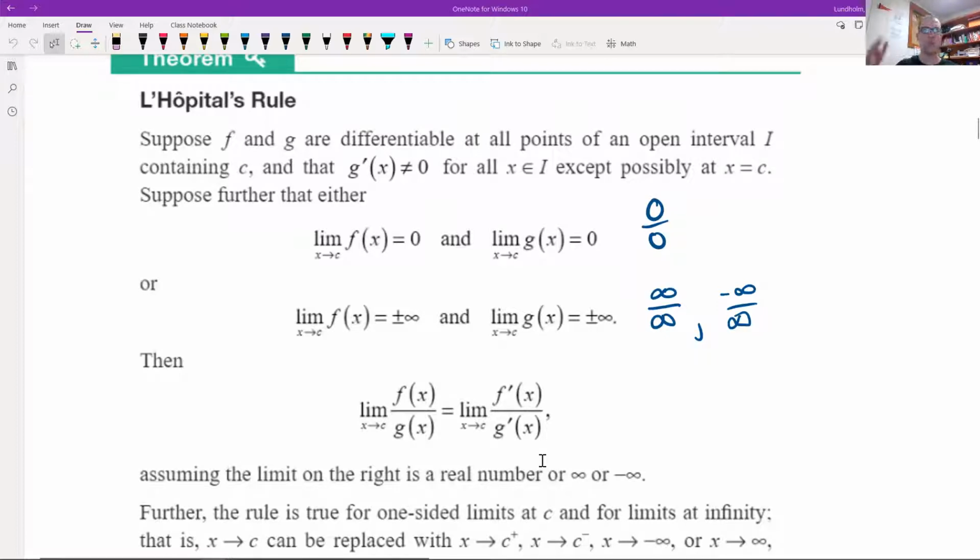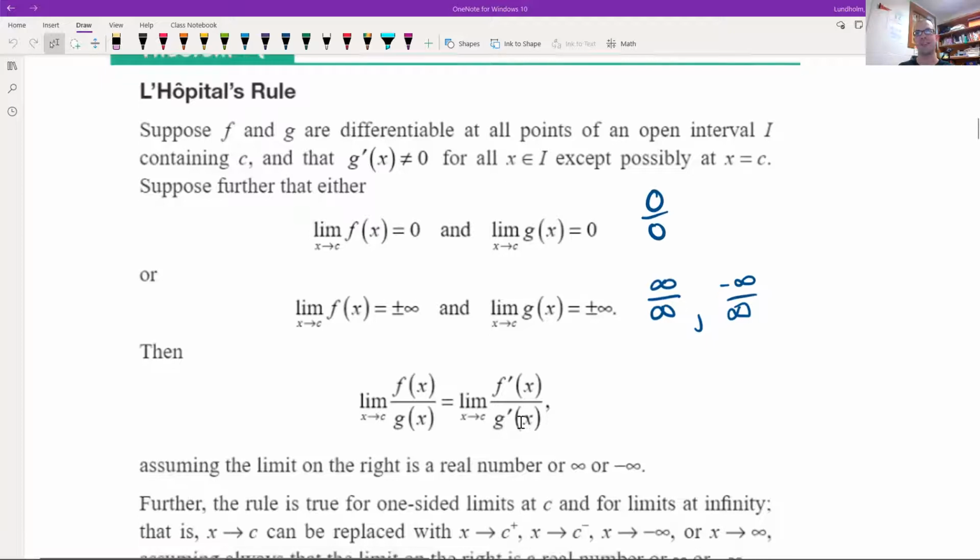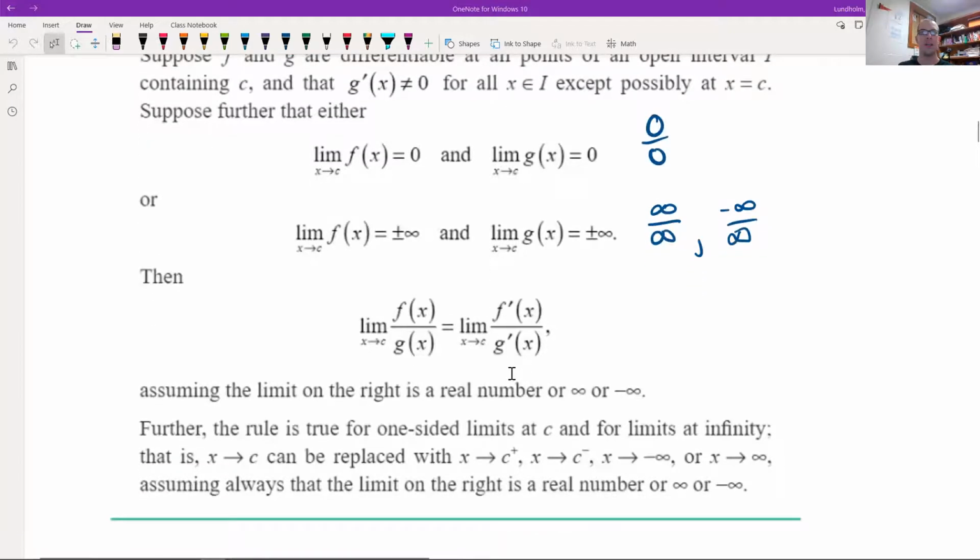This is not the quotient rule. It means that the ratio of those two functions as you approach the limit is the same as the ratio of the derivatives, which is pretty cool. This rule does work for one-sided limits and for limits to infinity. So that's great.